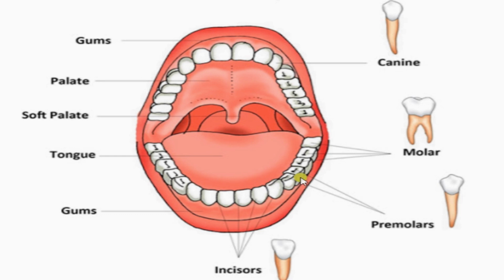Then here come the premolars, and at the back there are three molars. Molars and premolars are used for chewing and grinding the food. You can see the structure, the broader ones, and they help in chewing the food.